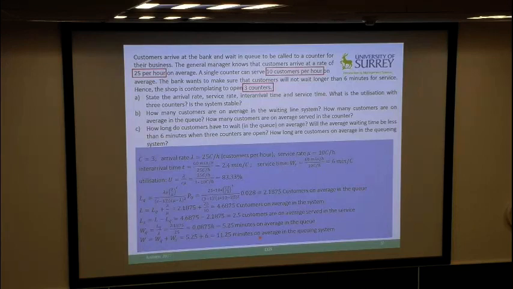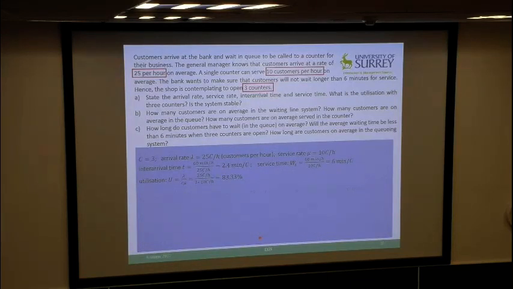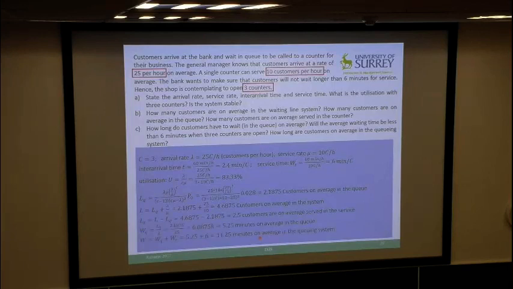For this type of question, you should make sure you understand what is L, what is lambda, what is W. I repeated this many times. These are the basic equations, and they apply to the whole system, service, and queue respectively. You should be very clear about the relationship between arriving rate and inter-arrival time, and between service rate and service time. That's also pretty simple.